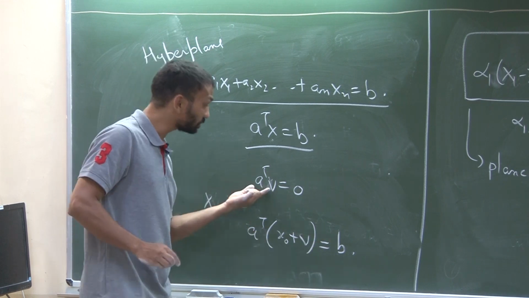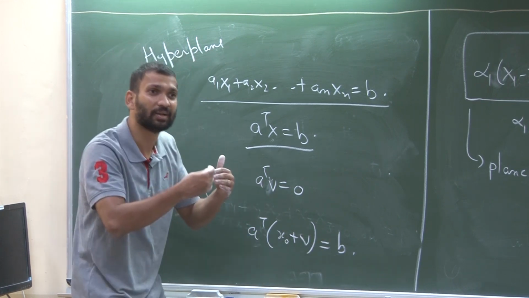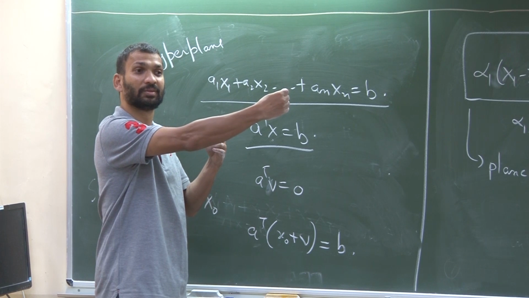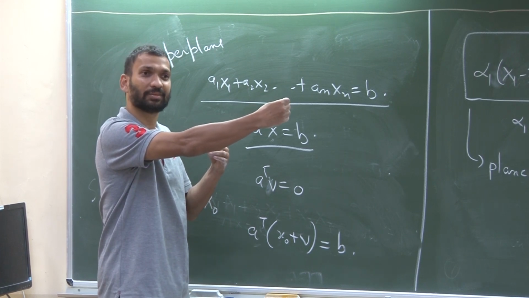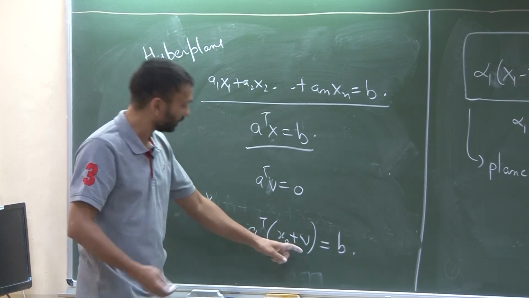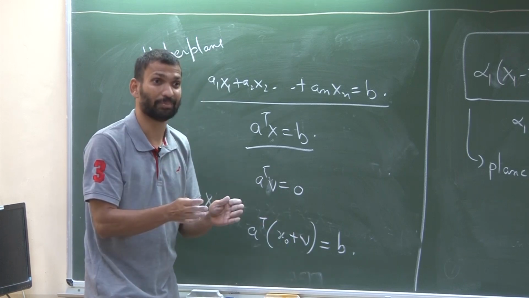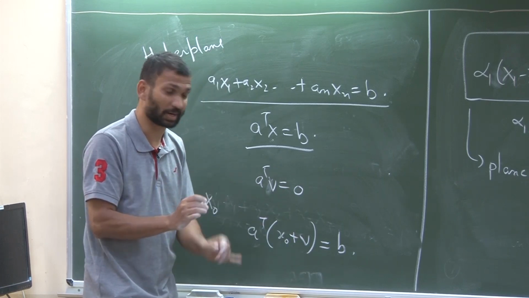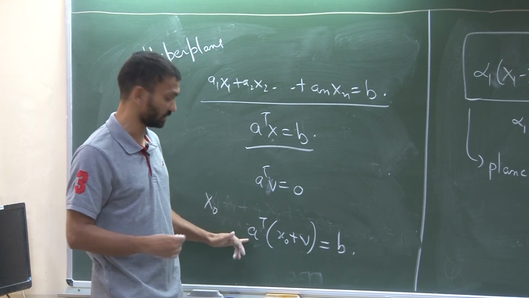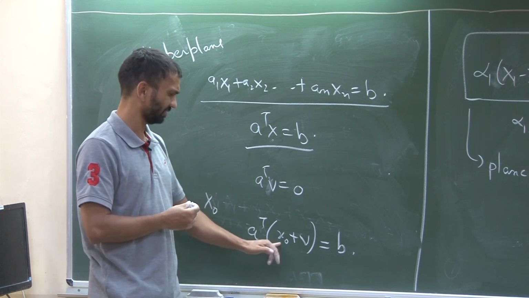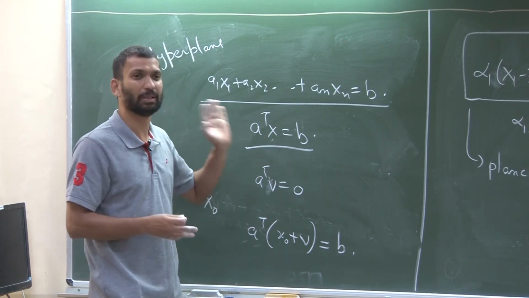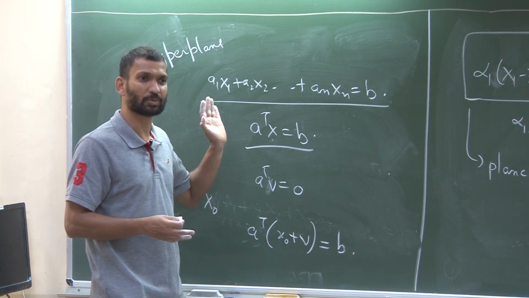So this is the vector space which is perpendicular to A, moved in some direction. And again the same thing: the vector space remains the same. You can't change the vector space, that's the important part. It is the perpendicular vector space to A. Pick any point x0 such that A transpose x equals B.